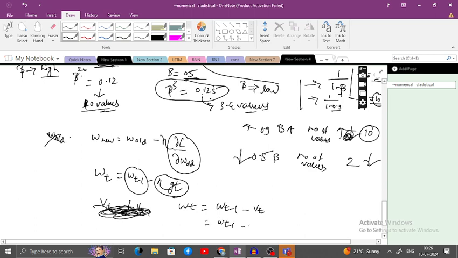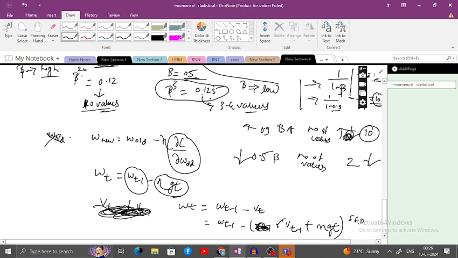I will call this gamma, or beta, whatever: gamma into V of t minus 1 plus eta into gt. So this is the equation for SGD.